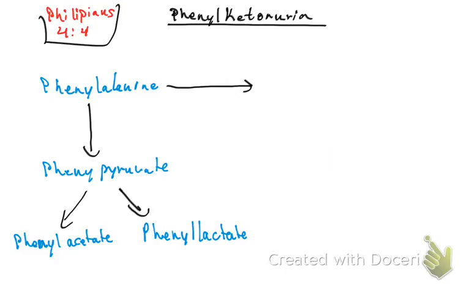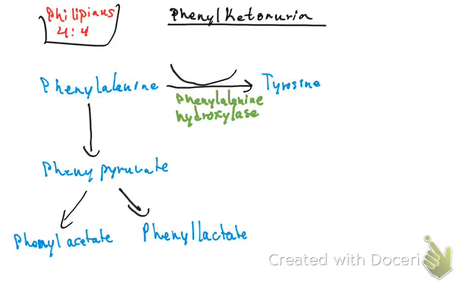Phenylalanine can also go to tyrosine, but it uses one enzyme, called phenylalanine hydroxylase. Here we also have tetrahydrobiopterin, which acts just like this.